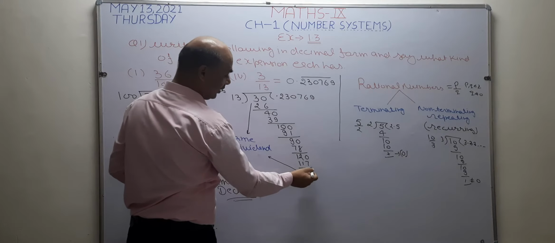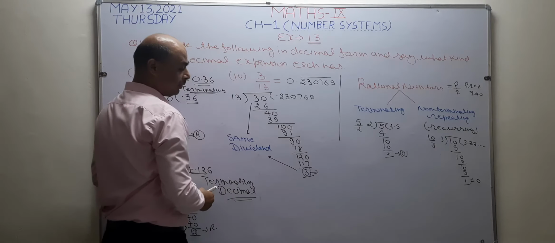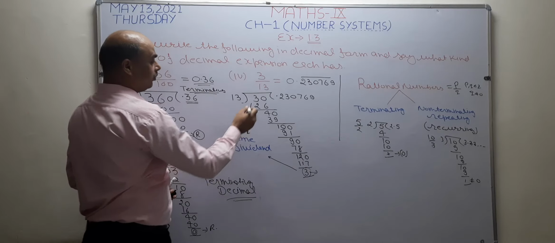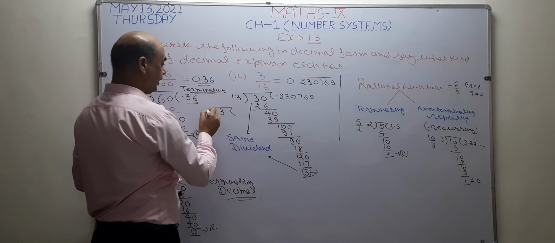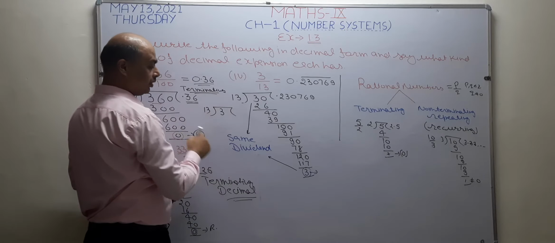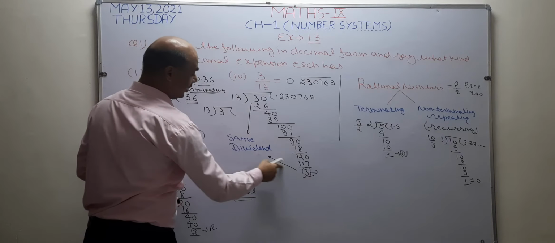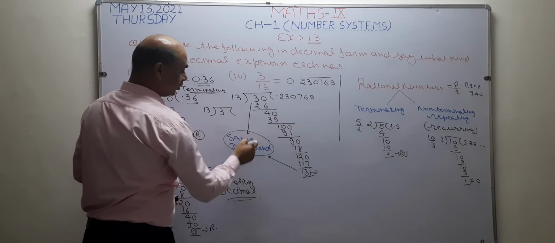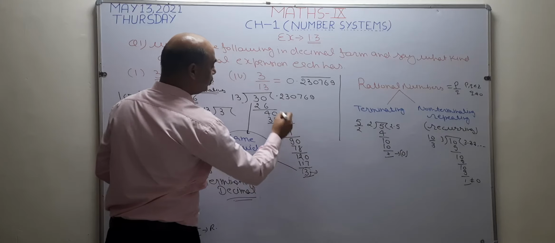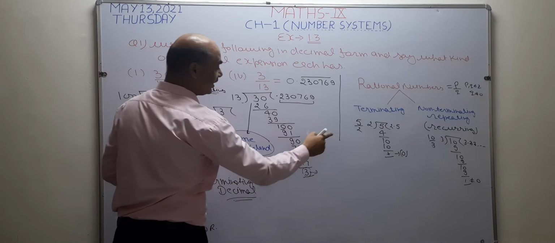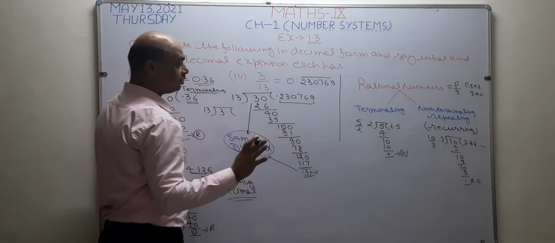Now see what happened. Now the remainder becomes 3. When we started this question, I started dividing 3 by 30. Now the same number is there. When the starting number and the remainder become the same, it means from this number, all these numbers are going to repeat again and again, and their remainder cannot be equal to 0.